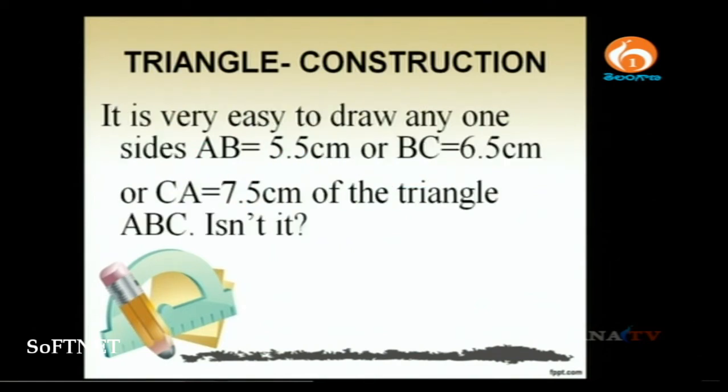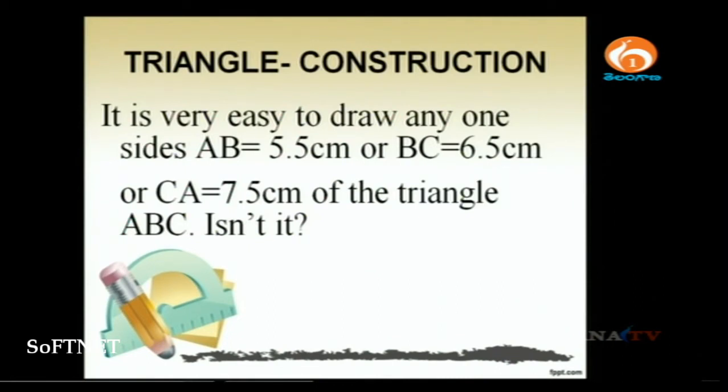Now, it is very easy to draw any one of the sides. AB is equal to 5.5 centimeters or BC is equal to 6.5 centimeters or CA is equal to 7.5 centimeters of the triangle ABC, isn't it? That means any one of the sides you can draw with the help of your ruler or scale, right?